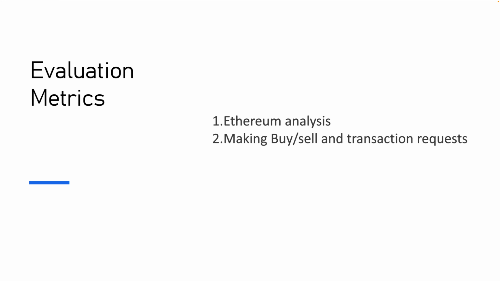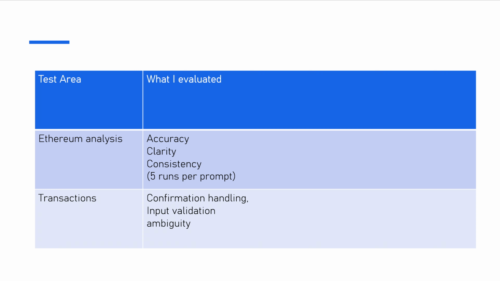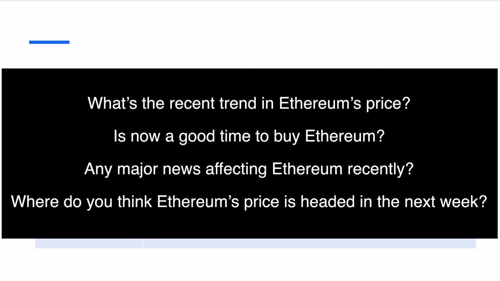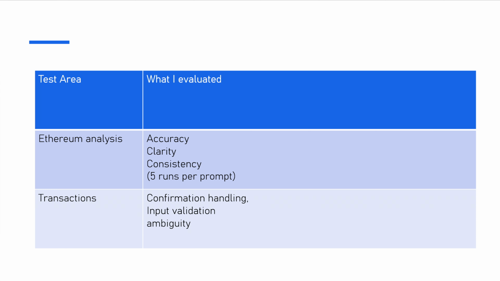To evaluate the system's viability as a crypto trading assistant, I tested its performance in two core areas: Ethereum market analysis and transaction execution. For Ethereum analysis, I ran 4 different prompt types 5 times each.